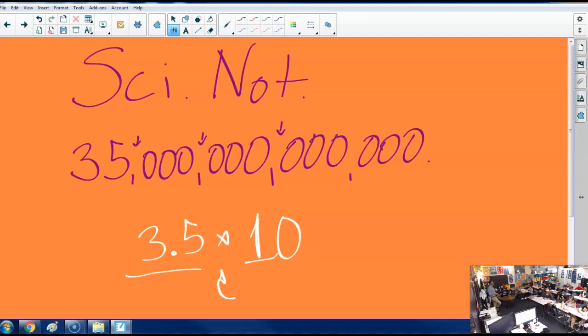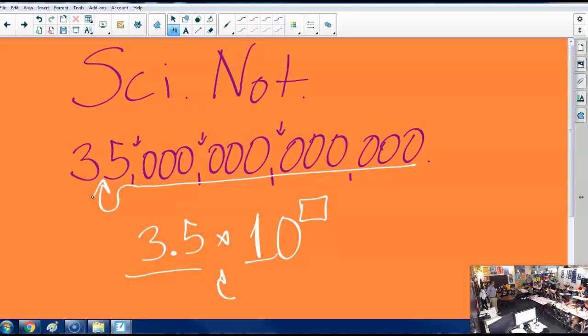And then Alex, Sheeta, how do we figure out what power goes up here? Well, the easy way is just to count the zeros. Easy way. If I count the zeros, 3, 6, 9, 12, so a 12 goes up there? Oh, wait, no. You count how many times you have to move the decimal point. This is where people trip up, and I need you to hear me, because if I ask you to write a written response about this, you need to be able to actually say it, right?